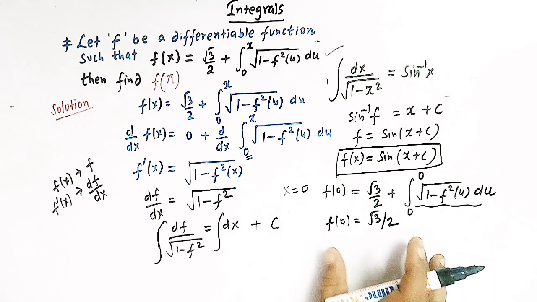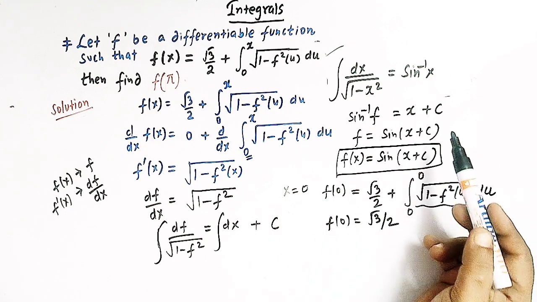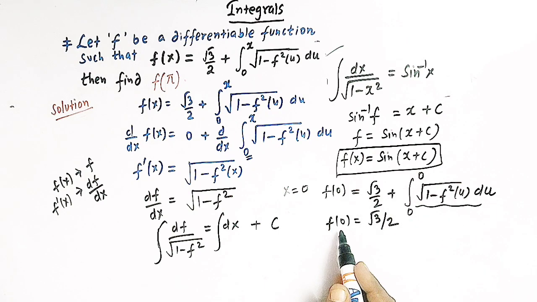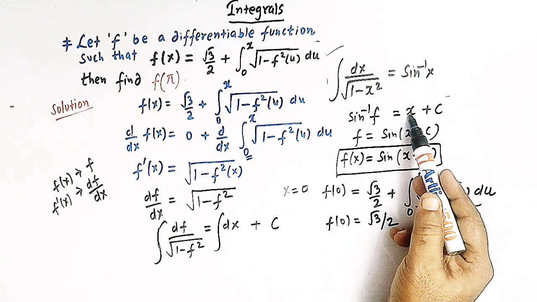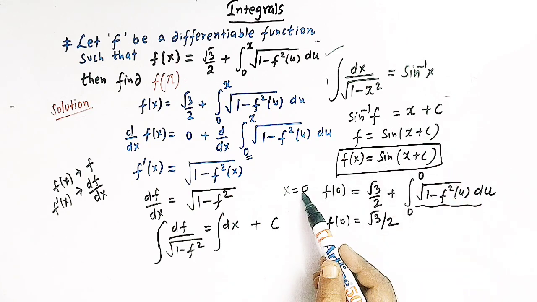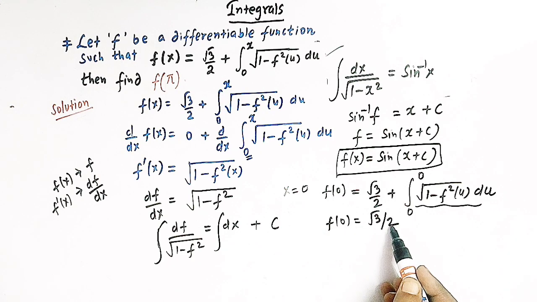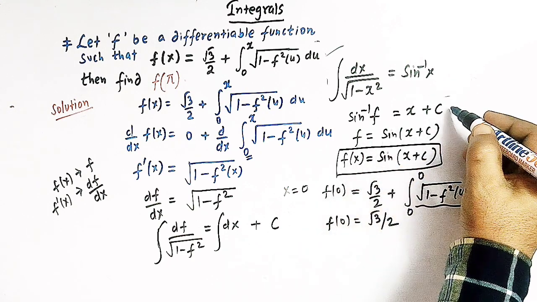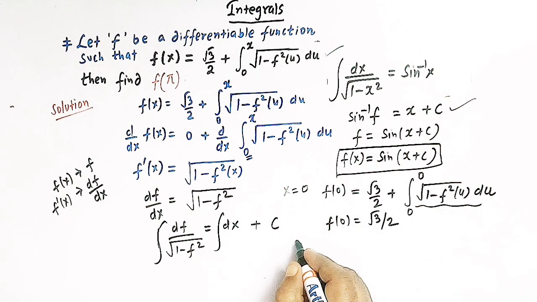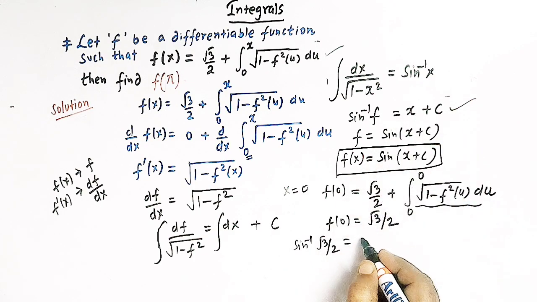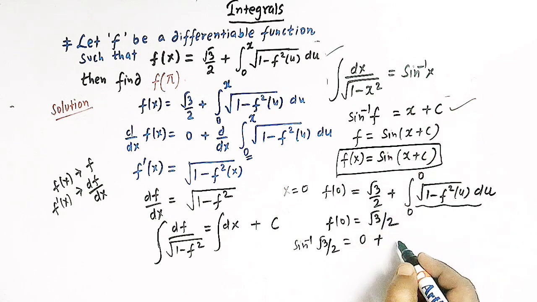Now let us use this condition to get the value of c, right? So what we will do, we'll take x is equal to 0, and f of 0 is equal to square root of 3 over 2 in this equation. So we have sine inverse f is square root of 3 over 2, and x is 0, and here we have c.